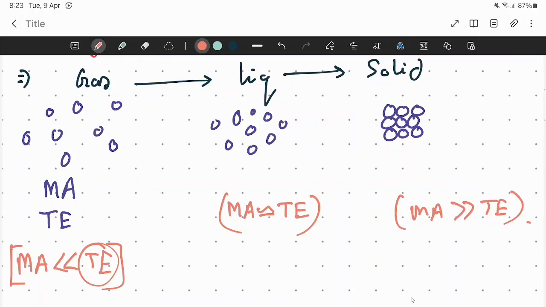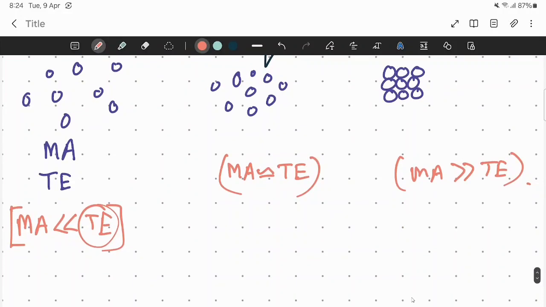But in case of helium, we know this is an inert gas, right? That means in helium gas, there is no attraction or repulsion. There may be very light attraction. The London force is there, that is due to just the mass, but that is not sufficient to solidify it.